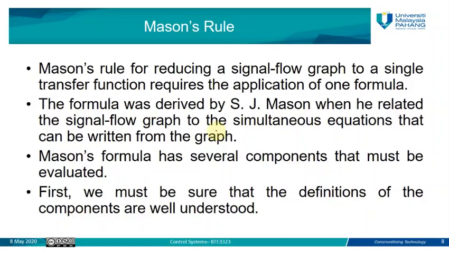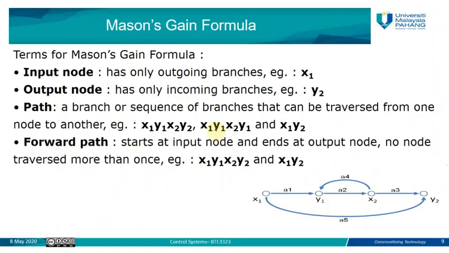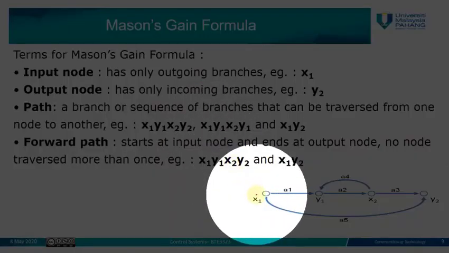But before we learn how to use Mason's rule to simplify the signal flow graph, we need to highlight some definitions or concepts for Mason's gain formula. The first one, we need to know the difference between input node and output node. The input node for this signal flow graph has only outgoing branches.